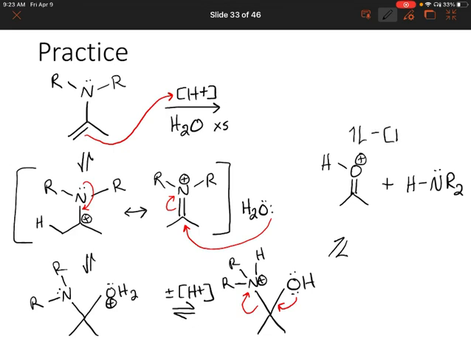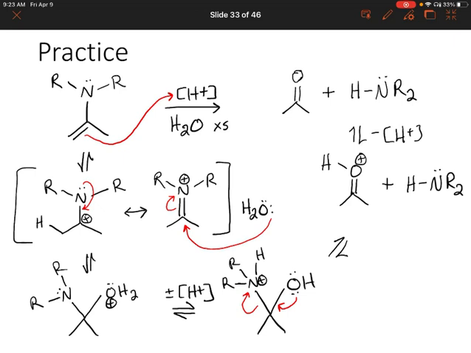So now let's just deprotonate that oxygen, and we've got our ketone and our secondary amine. So again, this is always good practice just to work through these mechanisms. It kind of gets you used to the patterns or what to expect.